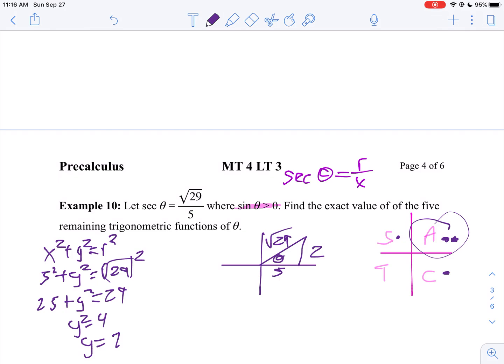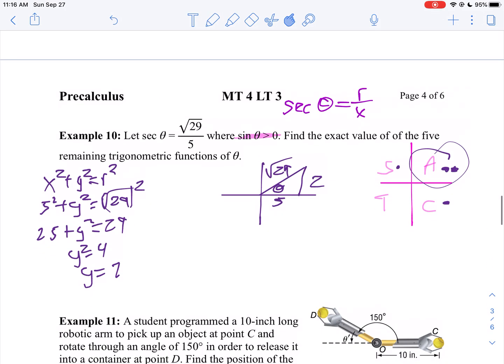Now I can answer all my questions. The sine of theta is going to be y over r, or 2 over the square root of 29, which when you simplify that is 2 times the square root of 29 over 29 when we rationalize that.